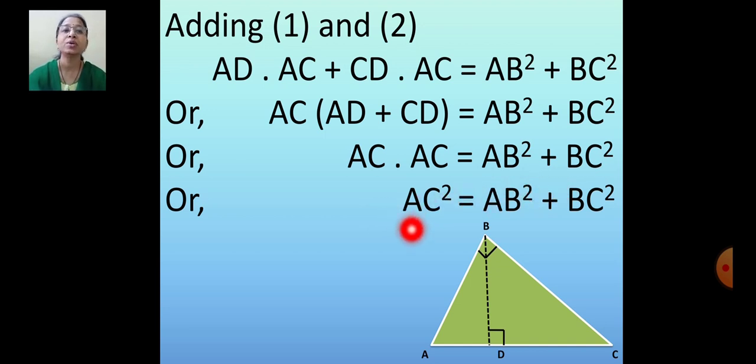Now AC square is equal to AB square plus BC square, and this is our Pythagoras theorem. The square of the hypotenuse is equal to the sum of the squares of the other two sides.